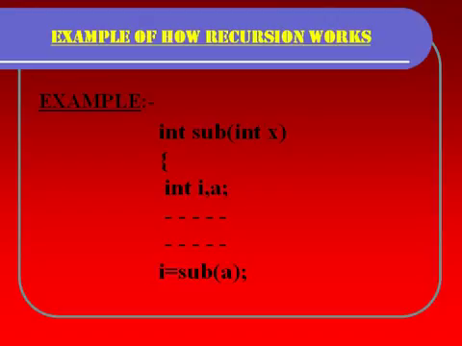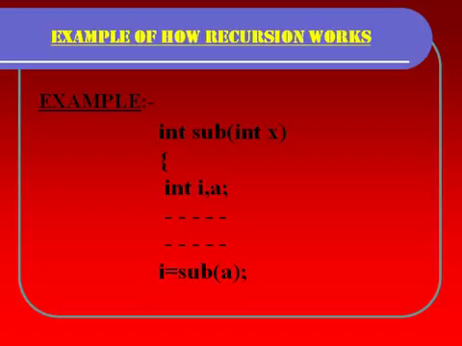Now we can look at a simple example of how recursion works. In this example we write a function as int sub(int x). Sub is a function, then after the opening curly bracket we declare the variables int i, a; Then there is a dash line, our some statement.